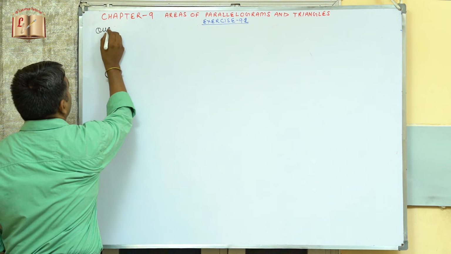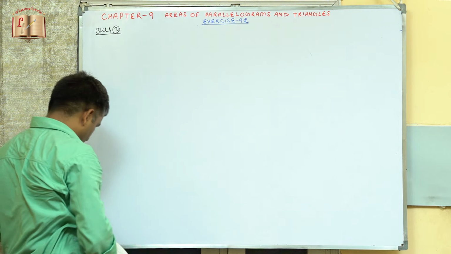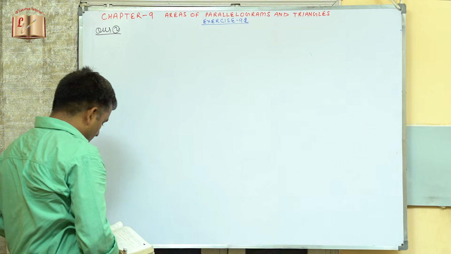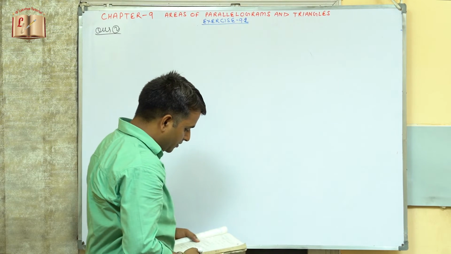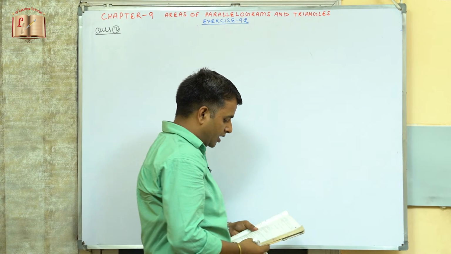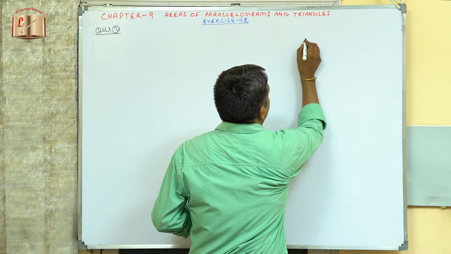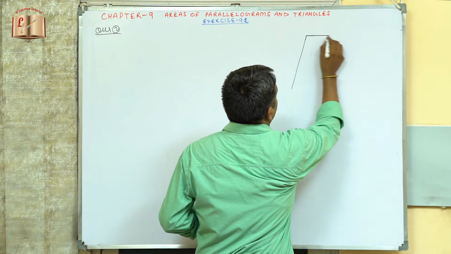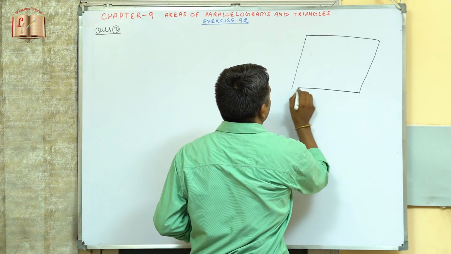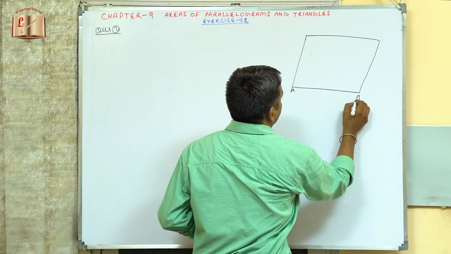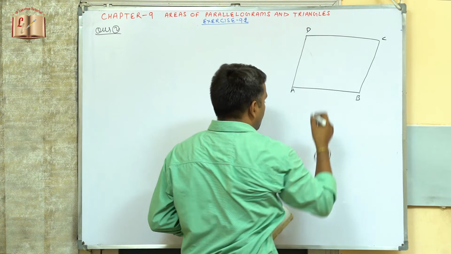Now coming to question number 2. E, F, G, H are respectively the midpoints of the sides of the parallelogram ABCD. So we'll make a parallelogram ABCD.